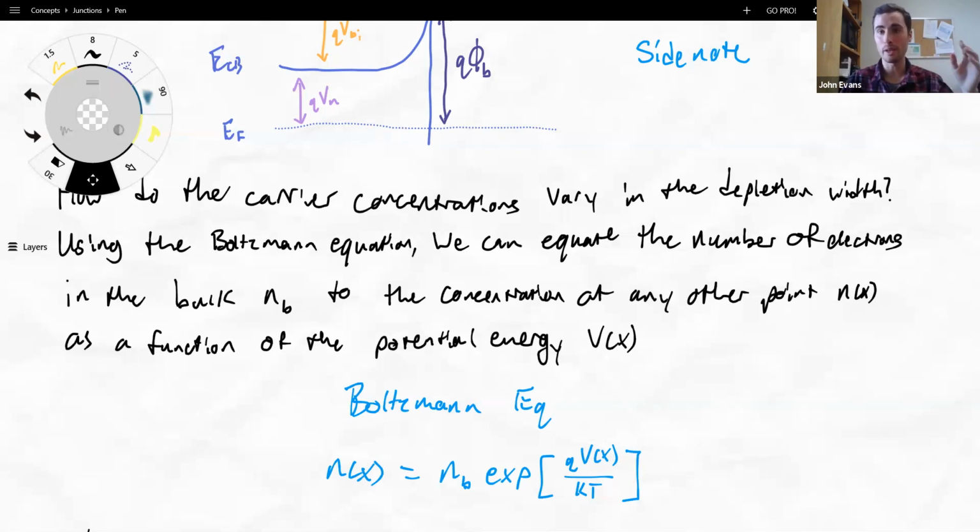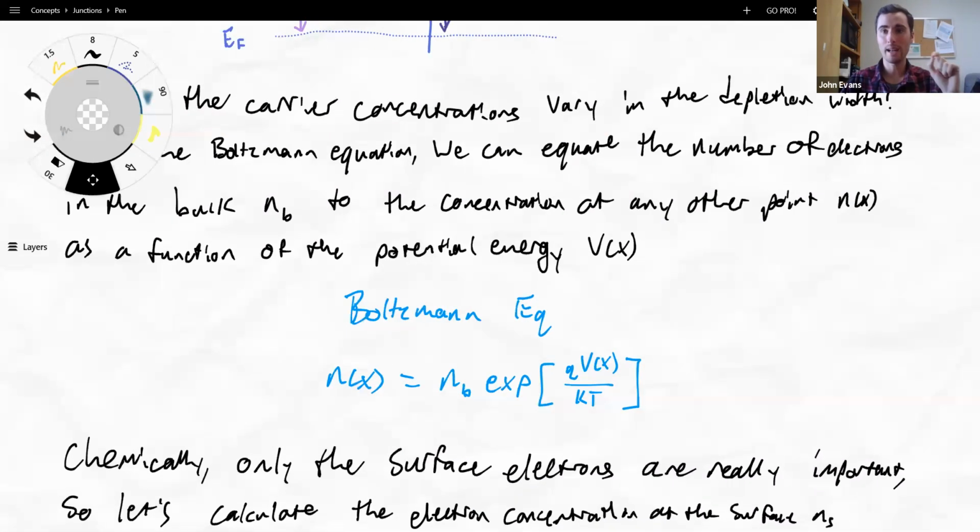So what we're going to do is relate the number of electrons in the bulk, our bulk electron concentration, N sub B, to the concentration at any other point, which is going to be N sub X, or N of X. And that is going to be a function of the potential energy. So the Boltzmann equation is going to look like this. We have N sub B times the exponential of Q times the potential energy.